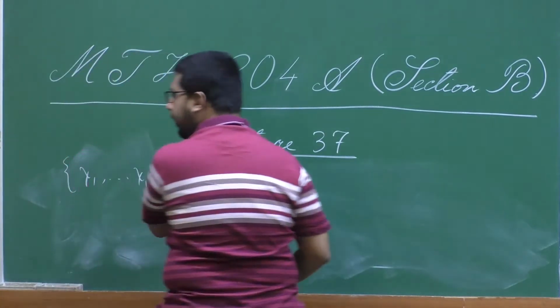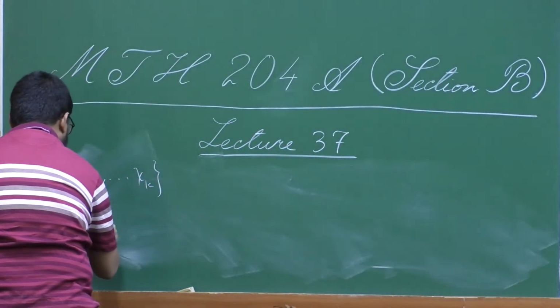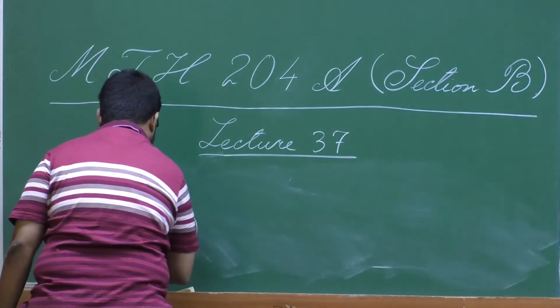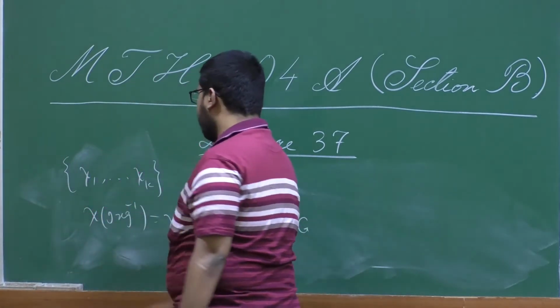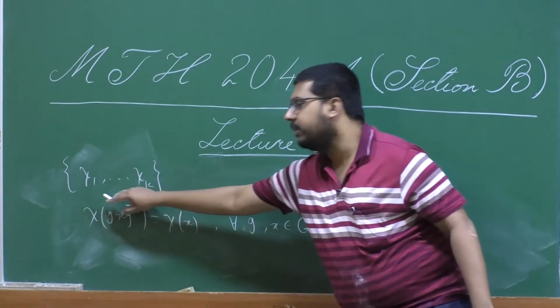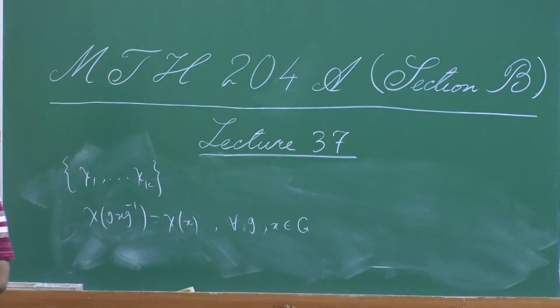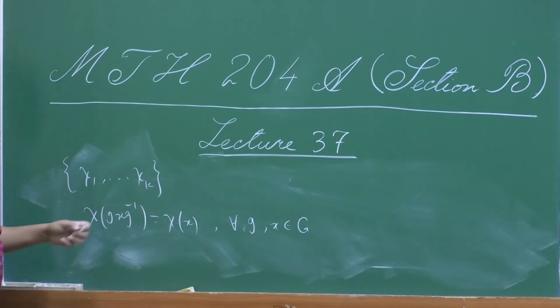Now if you remember, each character of a representation has a very special property, that if chi is a character, then chi of G x G inverse is chi of x, for every G and x in G, okay. So if you take any combination of these chi i's, those functions have the very special property that they are going to be constant on each conjugacy class, because this says that on the conjugacy class of x the character chi is constant.